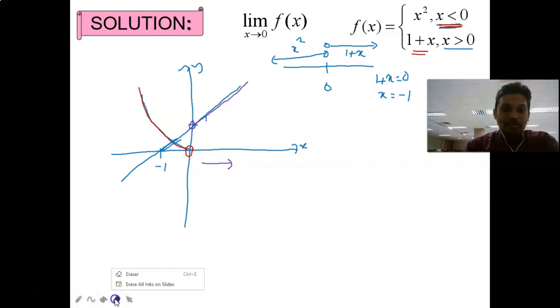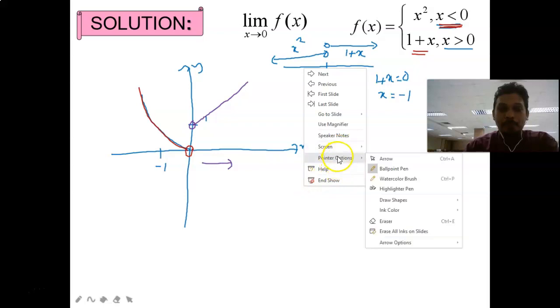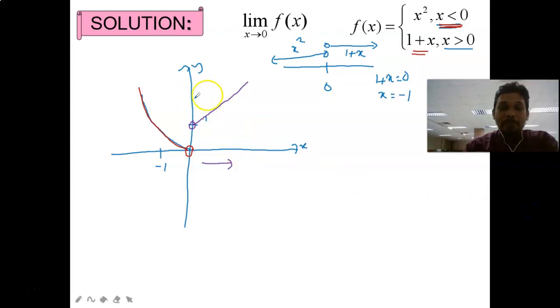So now we erase the rest of it. There you go. So this is the graph of f(x) as x approaches 0 from the right, and this is also the graph when x approaches 0 from the left.